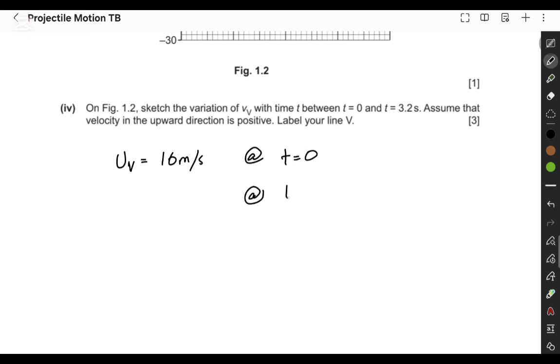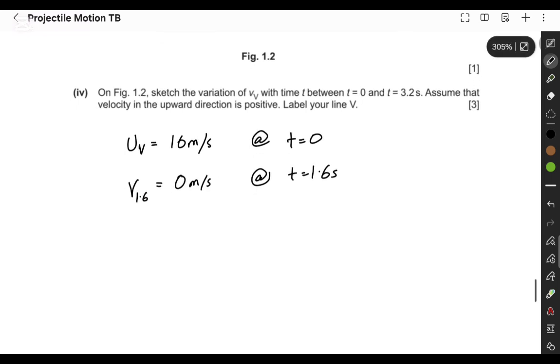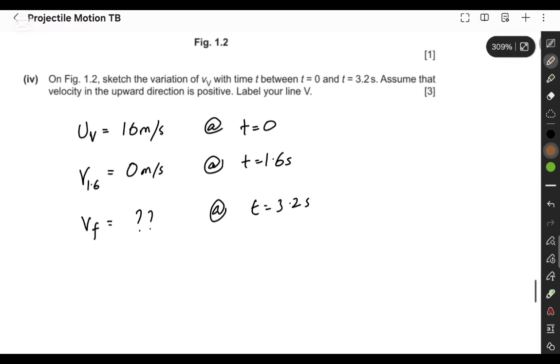Then we know at t equals 1.6 seconds, our velocity, let's call it V1.6, is going to be 0 meters per second. And then our final velocity, we don't know this, at t equals 3.2 seconds. We've got to find that out.